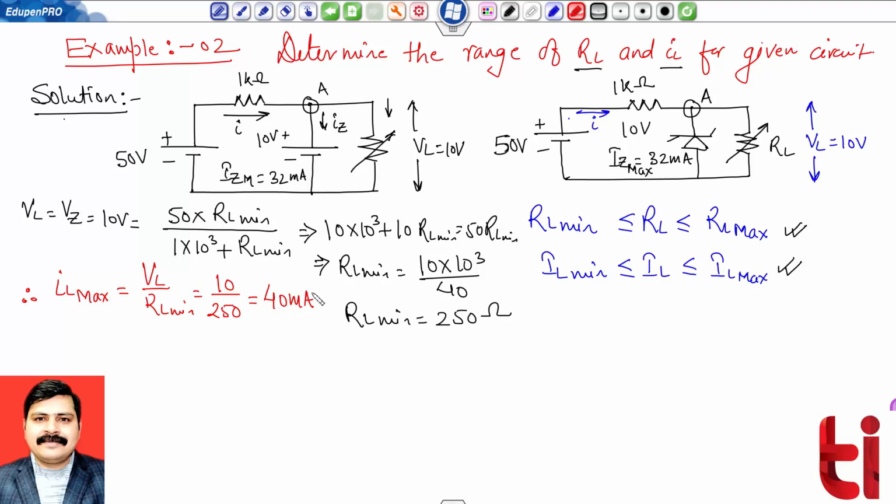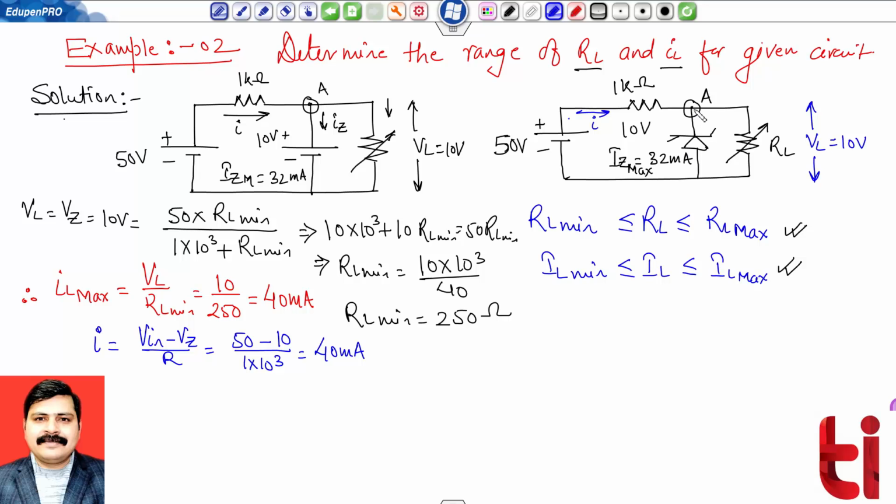Now calculate the value of current flowing through series resistance R, that is my current I, and this current I is Vin minus Vz divided by R. So this is 50 minus 10 divided by 1 into 10 raised to power 3, so it is 40 milliampere.